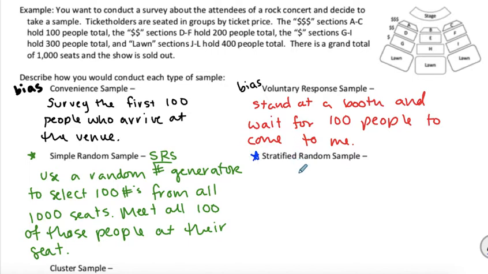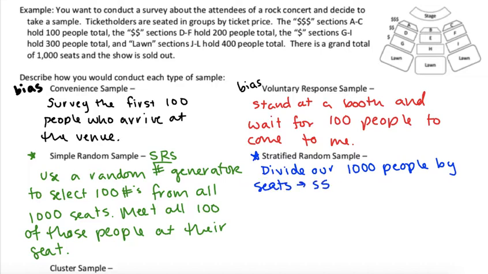We're going to divide our 1,000 people by seats. We're going to divide them into the 3 money group, the 2 money group, the 1 money group, and the lawn group.